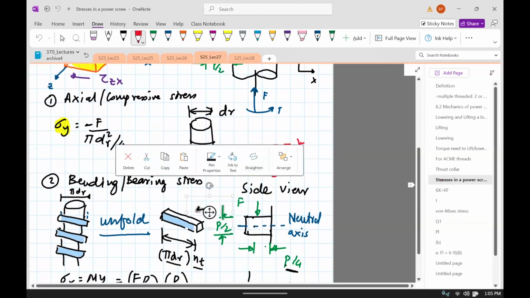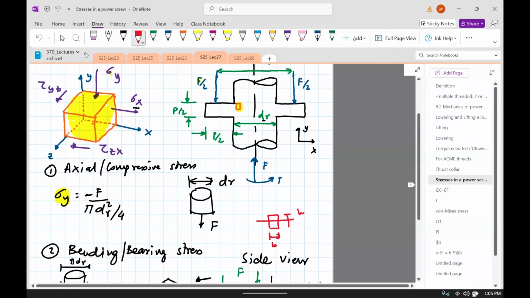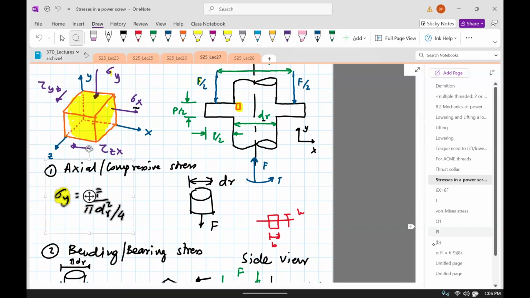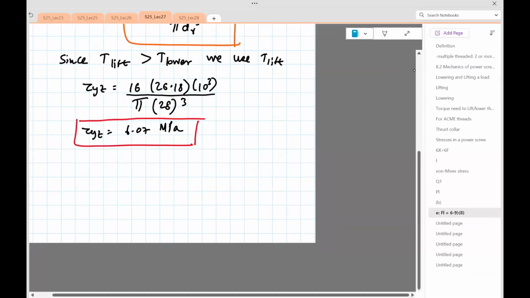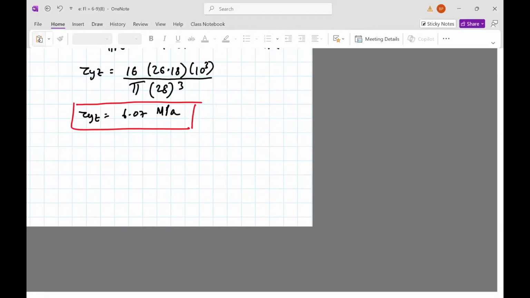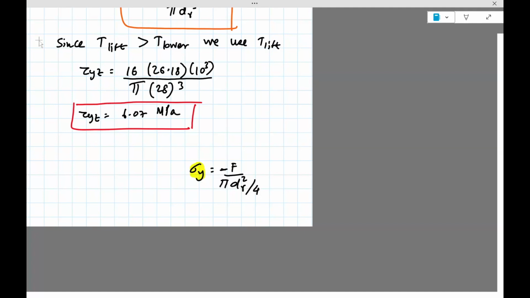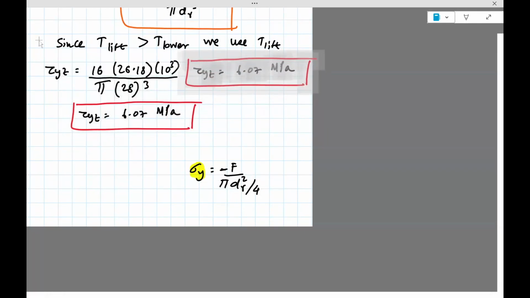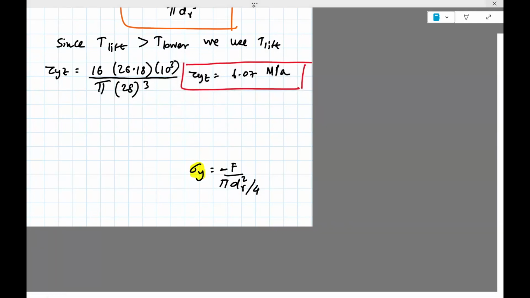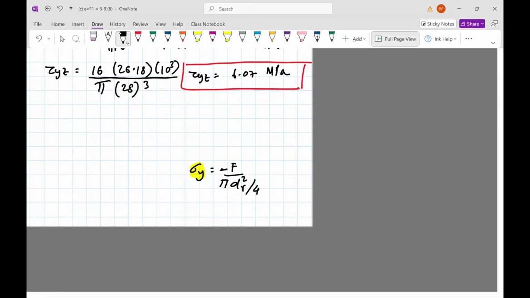So here the compressive stress is basically the one due to F acting on a cylinder of diameter dr, the minimum one, so it'll give a maximum stress. So next is compressive stress.